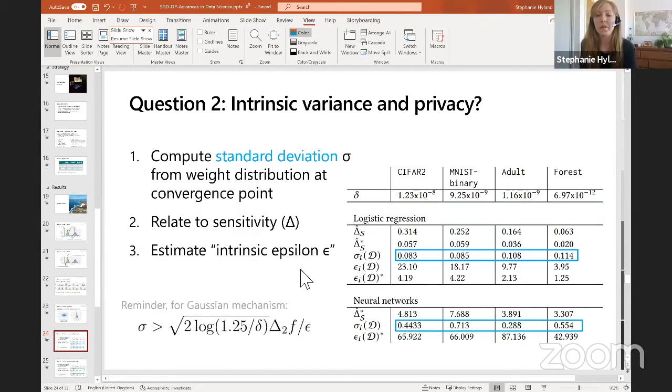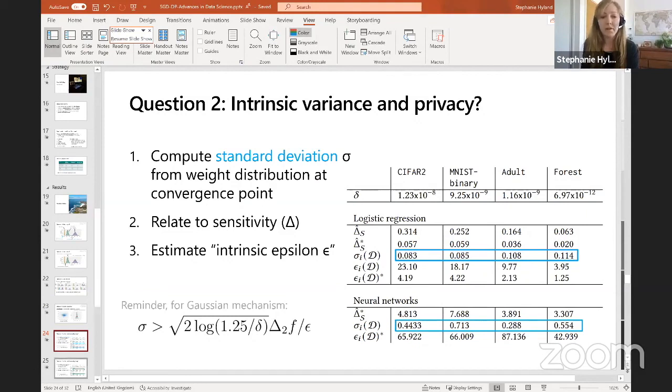The first thing is we compute, as I mentioned, this standard deviation from the weight distribution. Also, I'll point out that everything has to happen at convergence, because obviously if your model has overfit horrendously, you're not expecting to have a lot of privacy. So we can compute this standard deviation for both logistic regression across the 4 data sets and for neural networks across the 4 data sets.